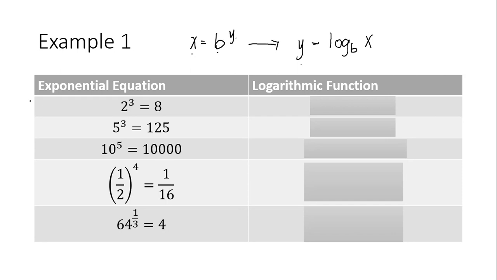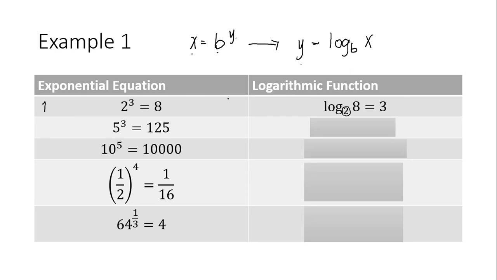Okay, example number 1. So we have 2 raised to 3 is equal to 8. We will be converting it into logarithmic function. Okay? So, ganito po natin siya isusulat. Okay? So, ito pong base natin, which is this is letter B, yung number 2. Dito po natin siya makikita sa baba po ni logarithm.